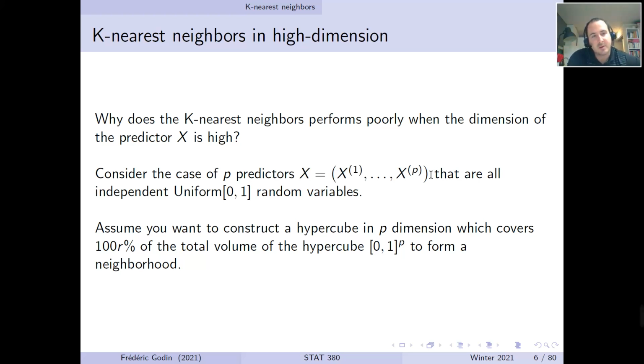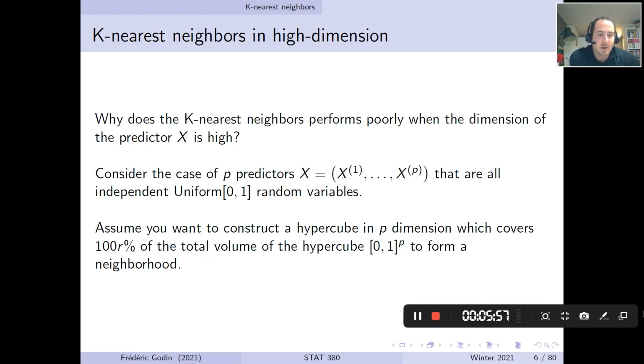Let's say we want to construct a hypercube in p dimensions which covers 100 times r percent of the total volume of the hypercube [0,1] to the power p. This power p represents the Cartesian product between 0 and 1, 0 and 1, and so on.